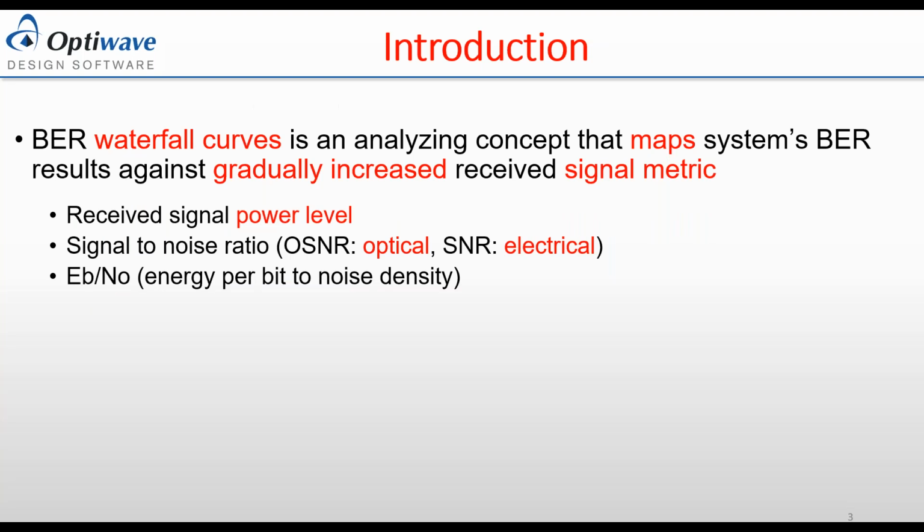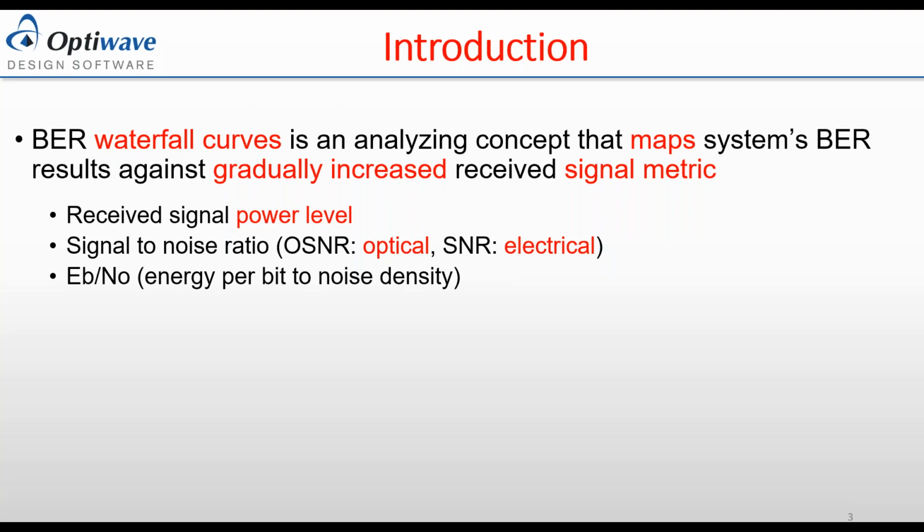So mainly the main idea behind this webinar is to create the bit error rate or symbol error rate, depending on the modulation scheme you're using, waterfall curves. Typically in industry or analysis, the waterfall curves are used to characterize the performance of the communication systems, where you map basically the bit error rate versus a metric of the signal.